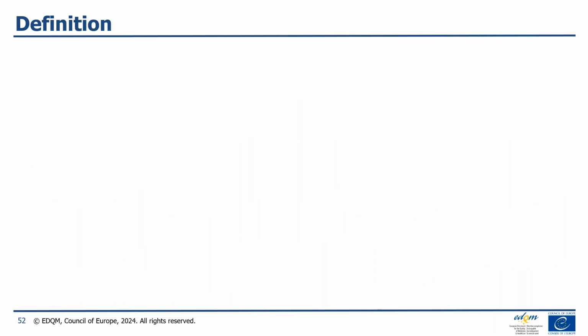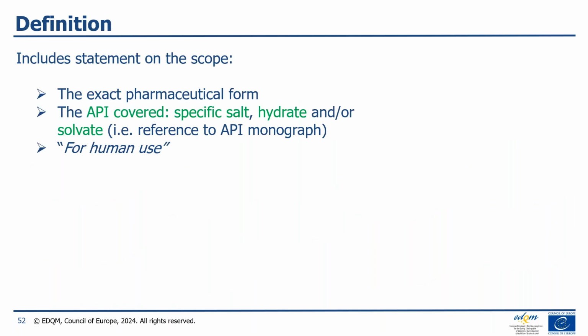The next section is the definition. The definition specifies the exact pharmaceutical form, so the dosage form that is covered by the medicinal product monograph. It specifies the active substance covered, the specific salt, hydrate, and/or solvate, and it gives the reference to the relevant active substance monograph.